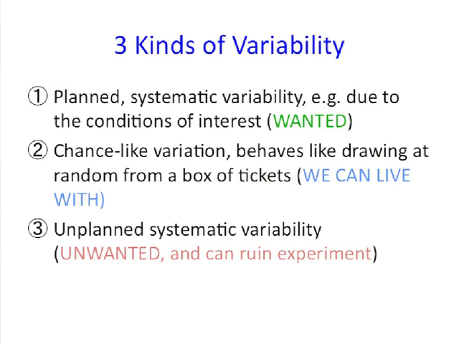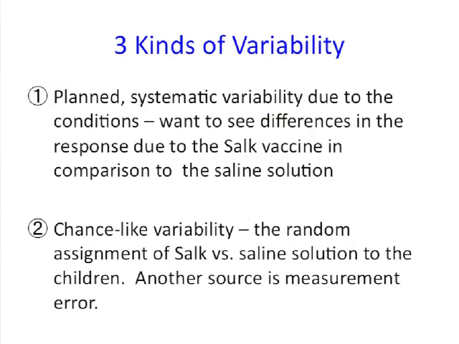If we go back to the Salk trials and think about these three sources of variability, the first one, the planned systematic variability, was something that we wanted to see, and that's a variability from the treatment group to the control group. The chance-like variability, you can think of that in this case as the random process that we use to assign the consenters to either the treatment group or the control group.